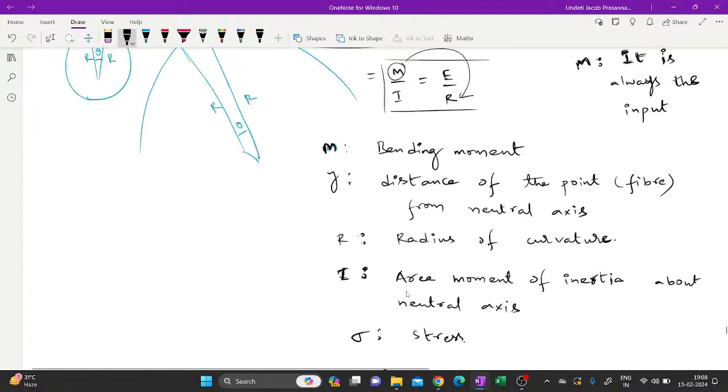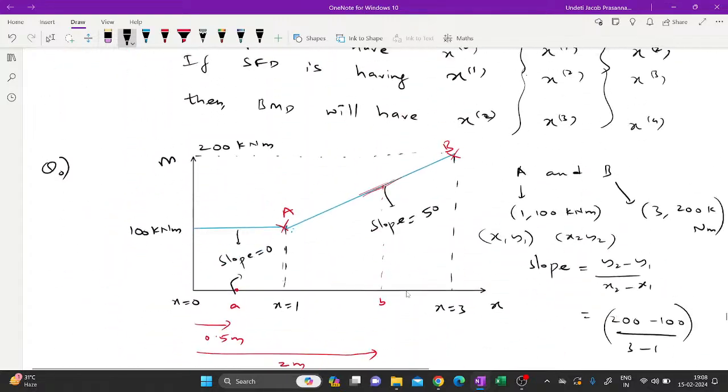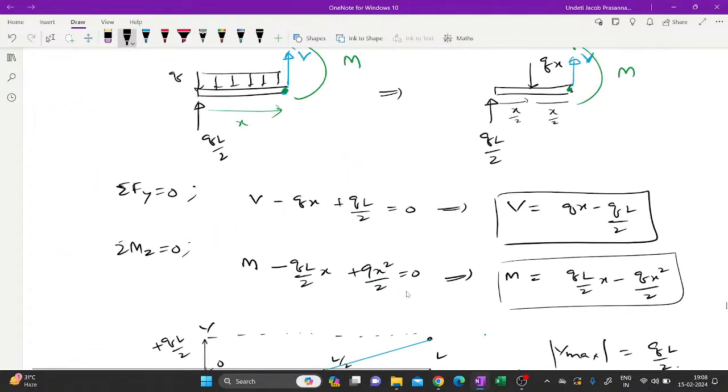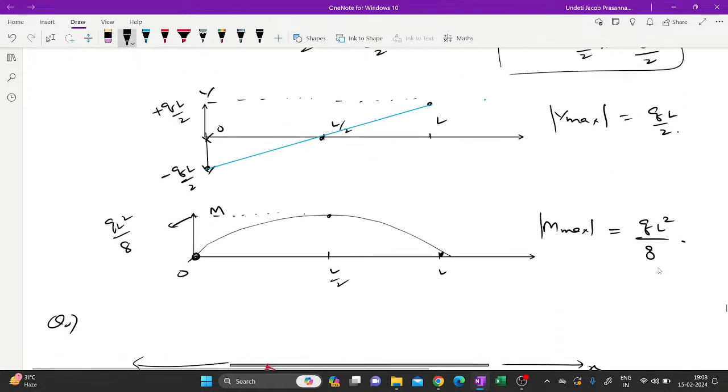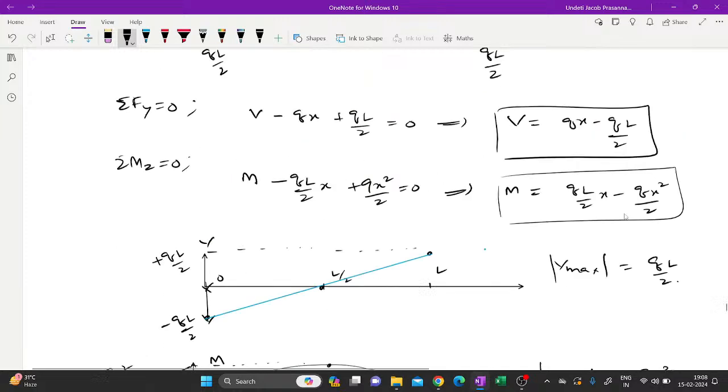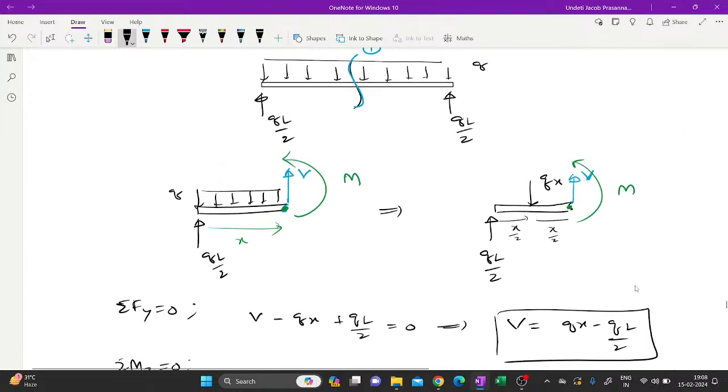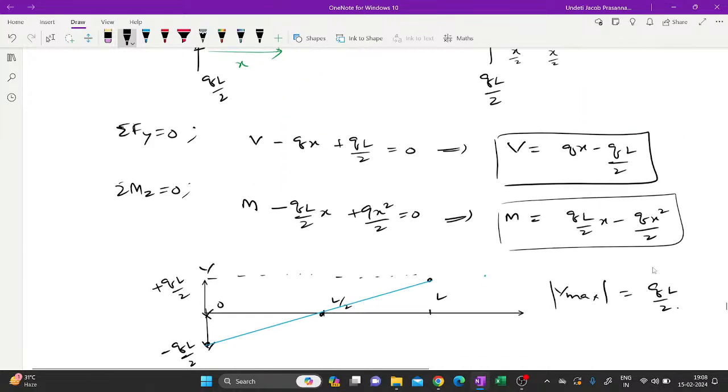Let me check that. For a uniformly distributed load, yes, it is QL square by 8 only. When you substitute the M value with L by 2, QL square by 4 minus Q by 2 into L square by 4, so it is QL square by 8 only.